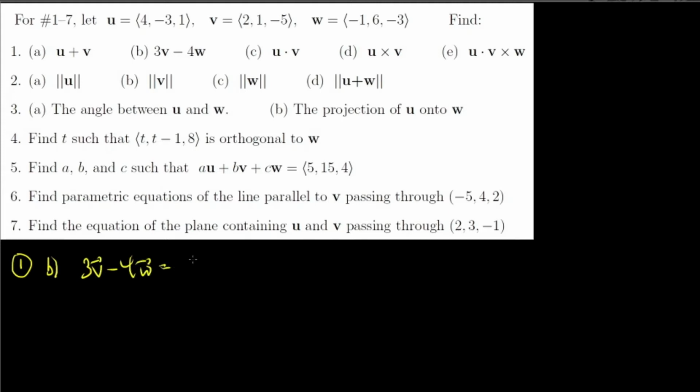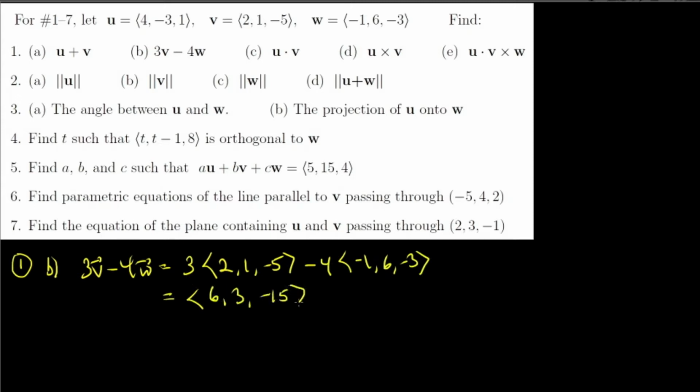The way you would calculate this is 3 times the vector v, which is 2, 1, negative 5, minus 4 times the vector w, which is negative 1, 6, negative 3. So 3 times v is just 6, 3, negative 15, and negative 4 times w, I'll write it as a plus.